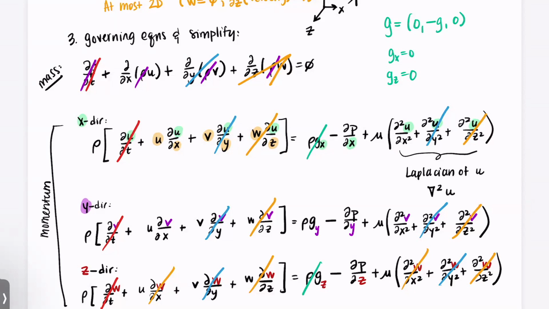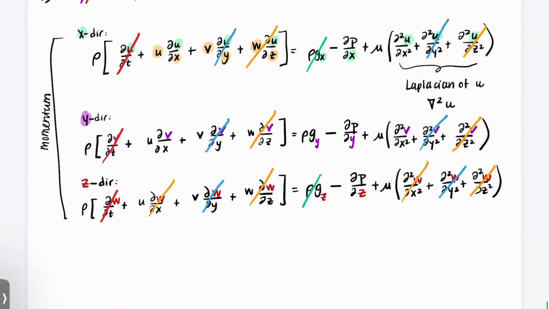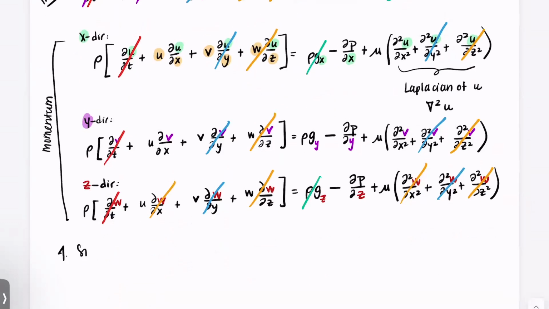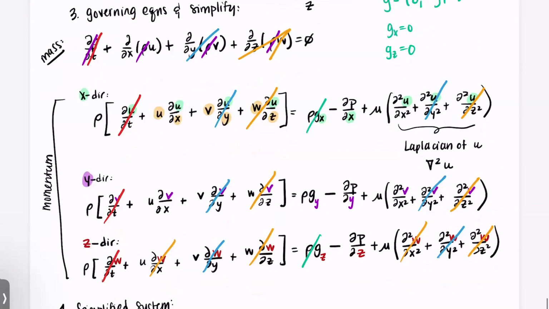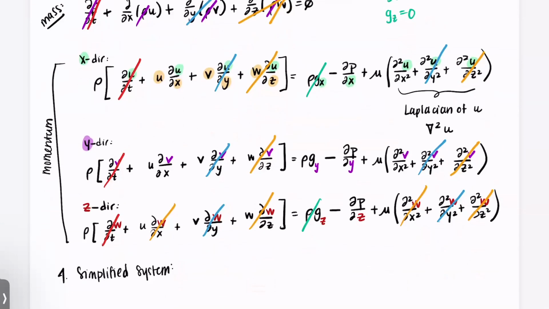All right, so let's write down our simplified version of the equations. Our conservation of mass is just partial u partial x is equal to 0. This is mass.